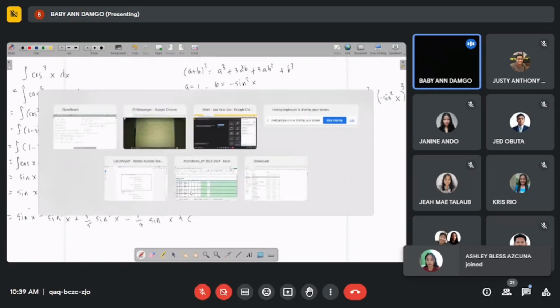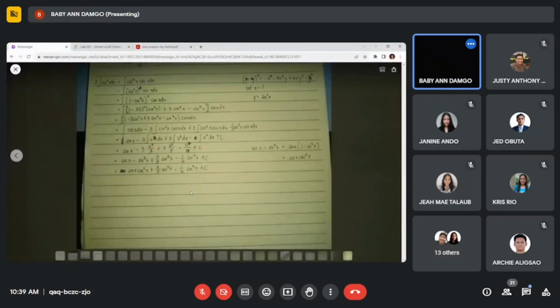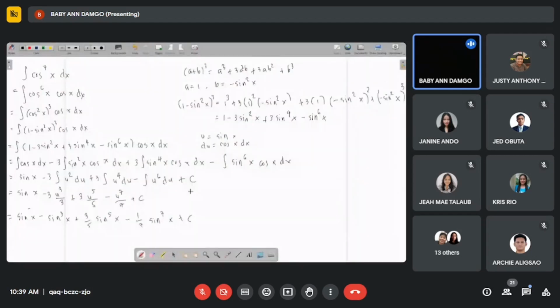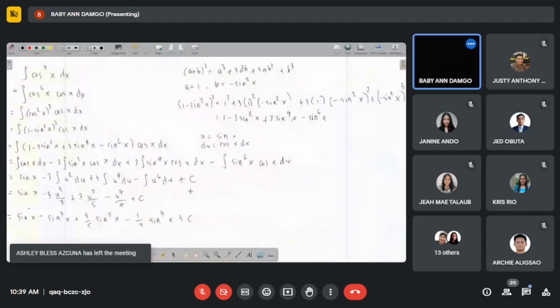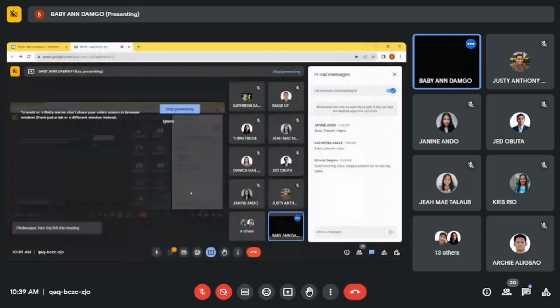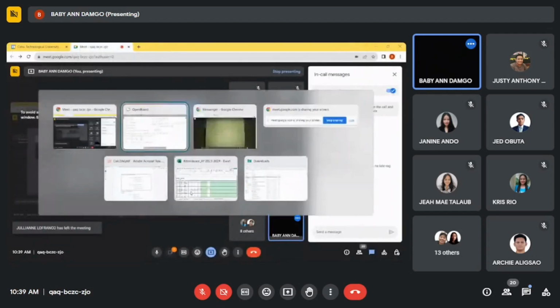So you can check this there. Okay, so sine x, sine cube x plus 3/5. So the difference is the 1 over 7. Question? Students?